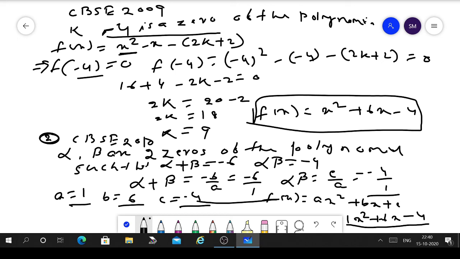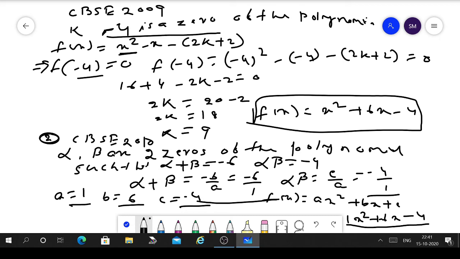As alpha and beta are two zeros of the polynomial, and alpha plus beta equal to -6 and alpha into beta equal to -4 are given, according to the relation between zeros and the coefficients of the polynomial, alpha plus beta is equal to -b upon a, which is equal to -6. -6 can be written as -6 upon 1.